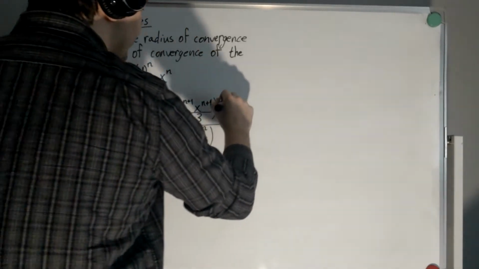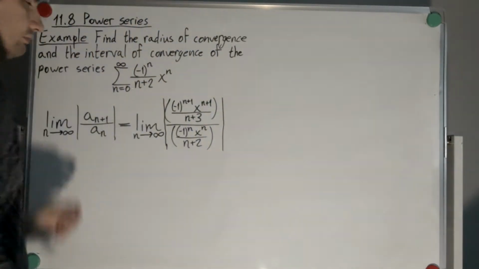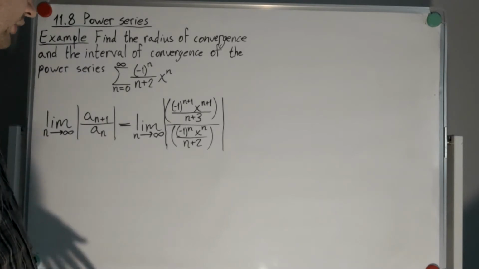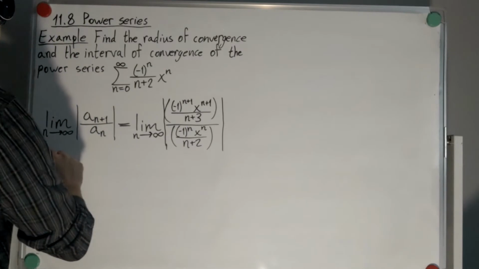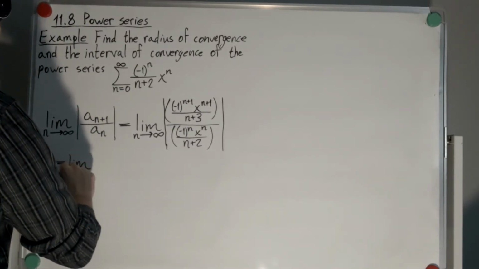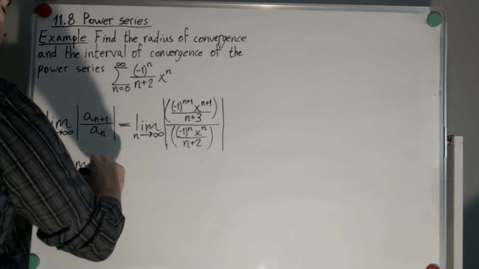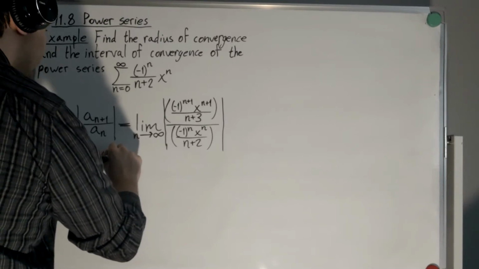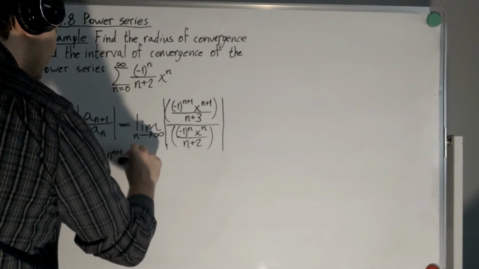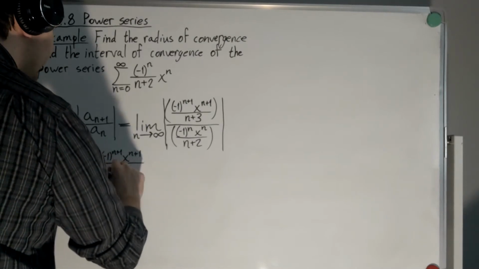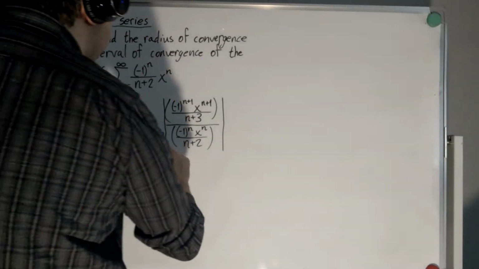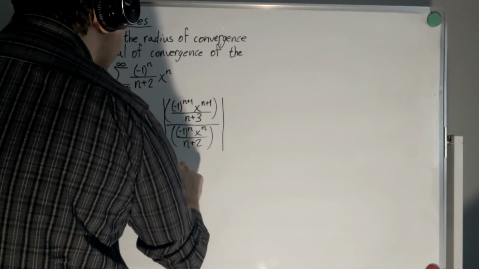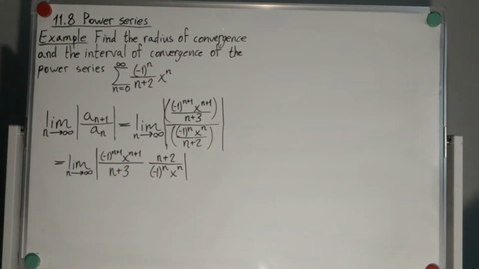It's the absolute value of all of this, right? We're dividing two fractions, so we copy the numerator, flip the division into a multiplication, and flip the denominator. So we have -1 to the n plus 1 times x to the n plus 1 divided by n plus 3, multiplied by n plus 2 divided by -1 to the n, x to the n, absolute value.